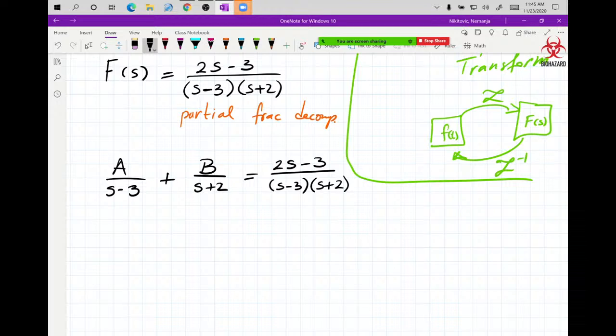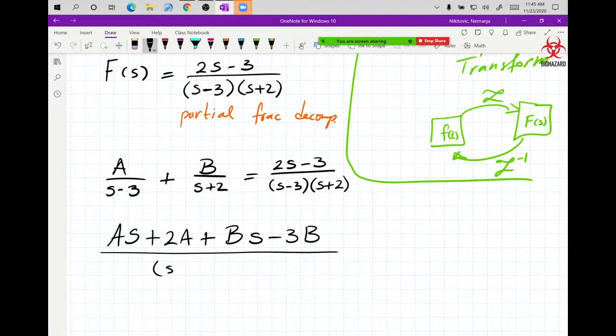So we know we are supposed to cross multiply this, so that's going to be as plus 2a plus bs minus 3b divided by s minus 3s plus 2 equal to 2s minus 3 over s minus 3 s plus 2.